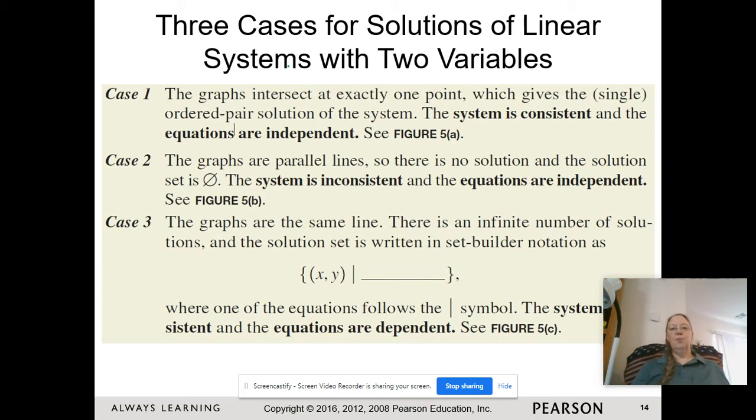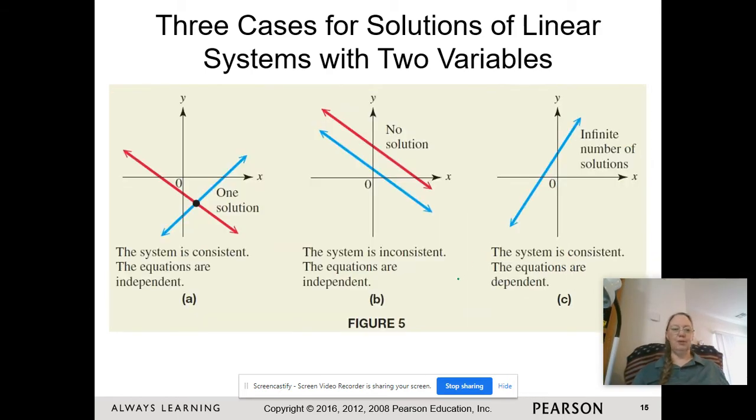All right, we talked about the three different possibilities: where it intersects at one point, where they're parallel, or where they're the same line. Well, when we have the three different cases, we have different words to describe those particular systems. So it's easier to see with a picture. When they cross at one point, we say that the system is consistent.